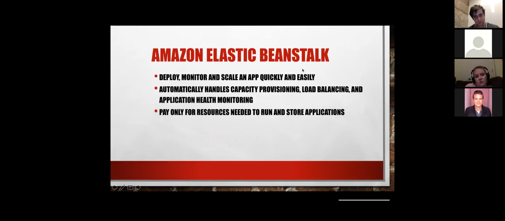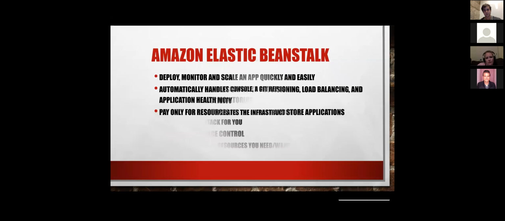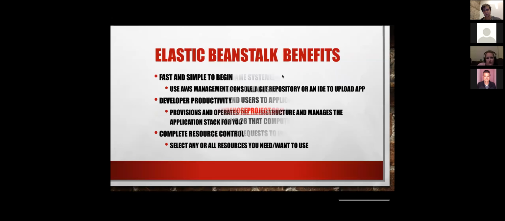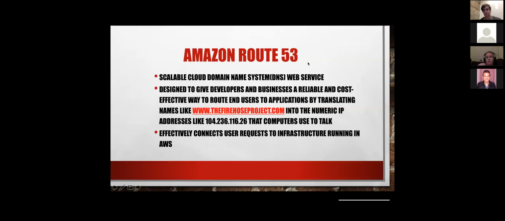All of these also integrate together. So if you use the storage along with the Beanstalk, which is like our Heroku, everything would actually be out there on Amazon. Benefits to all of these. The other one is Route 53, which is just like GoDaddy.